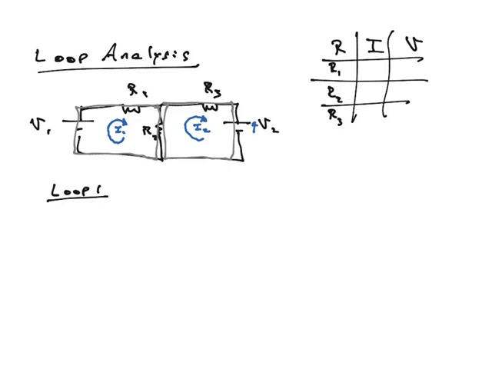Resistors will always lose voltage because they're using it up. And so I want to make an equation of each one of the voltage changes, add them all up, set it equal to 0. So if we look at the first loop, the loop on the left, following the current, I first hit on the left the voltage source. And the way I hit it is I hit the small side then the big side, so I take that to mean I'm gaining voltage.